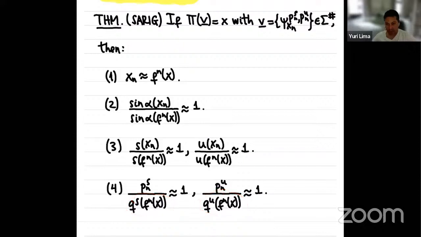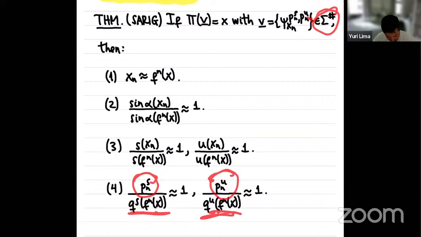Now we are getting the reverse direction. We are saying that if we are shadowing a point with a recurrent sequence, then the only way that we can do it is by choosing these parameters of the double passing charts very close to the parameters of the shadowed point.